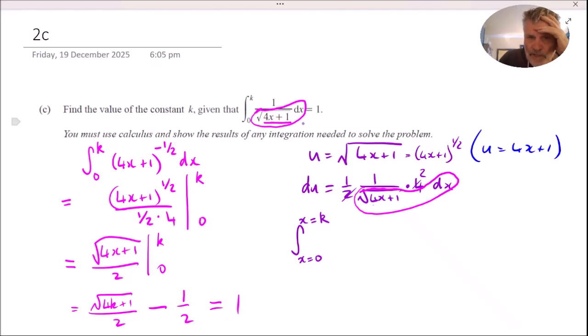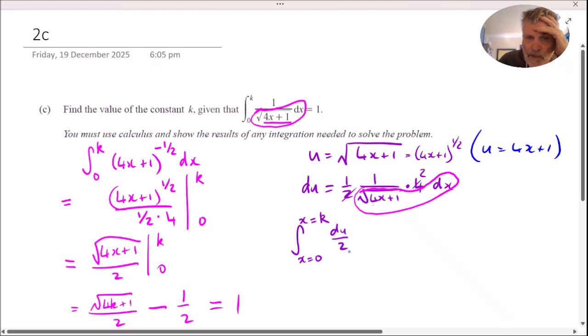So all of this that I've circled in pink becomes du over 2. That's the easiest integral you can do. You just get u, or almost the easiest you can do, u over 2, and we're evaluating that at x equals 0 and x equals k.